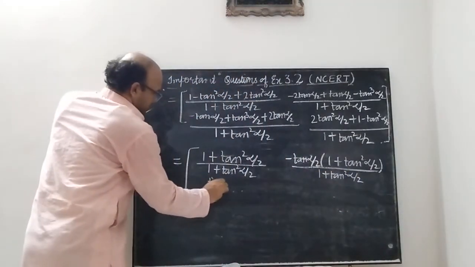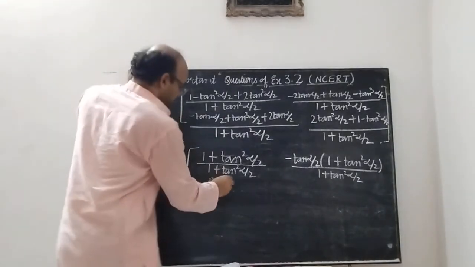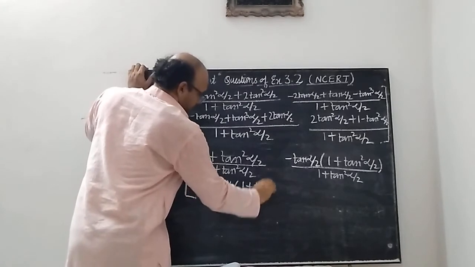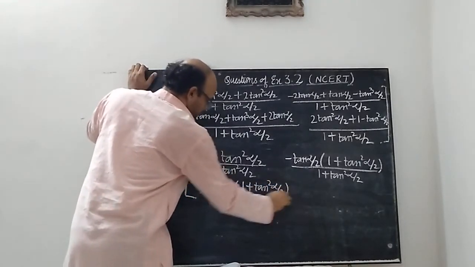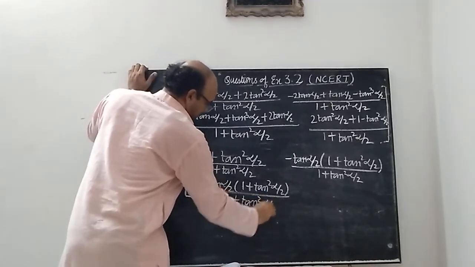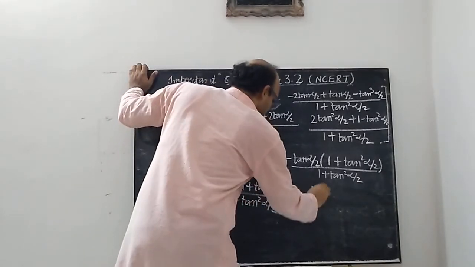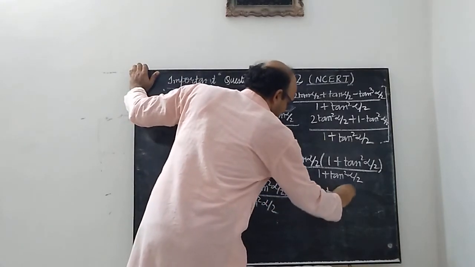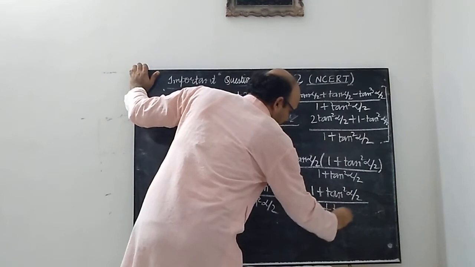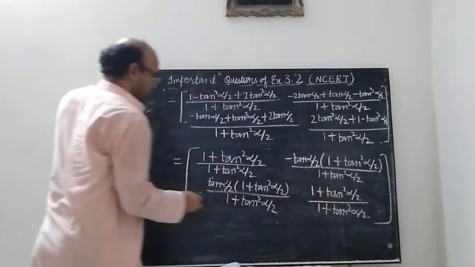Now again this is this and this will give you tan alpha by 2. Tan alpha by 2 is taken as common. This will give you 1 plus tan square alpha by 2 whole divided by 1 plus tan square alpha by 2. We take the brackets.